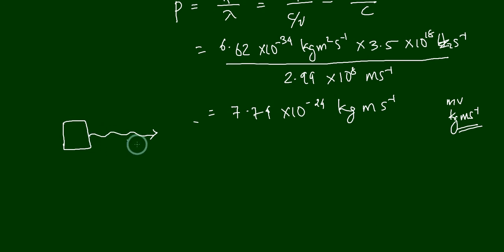Like the gun is going with a momentum, the bullet is going with a momentum, then the gun will have a recoil. Like that we have to expect that the source will have a recoil here. So we can calculate the recoil velocity of the source, with which velocity the source is moving backward when the photon is moving to the front.